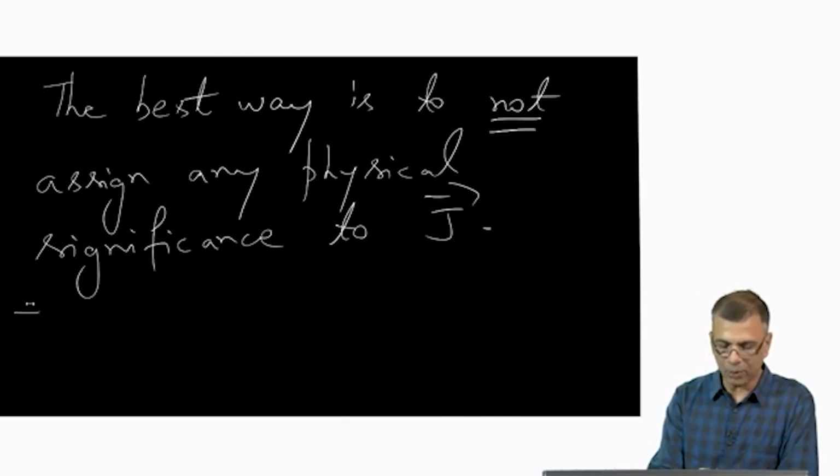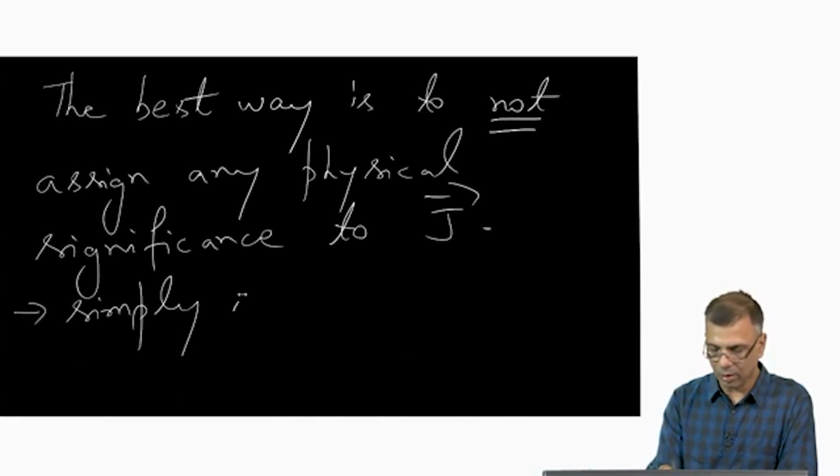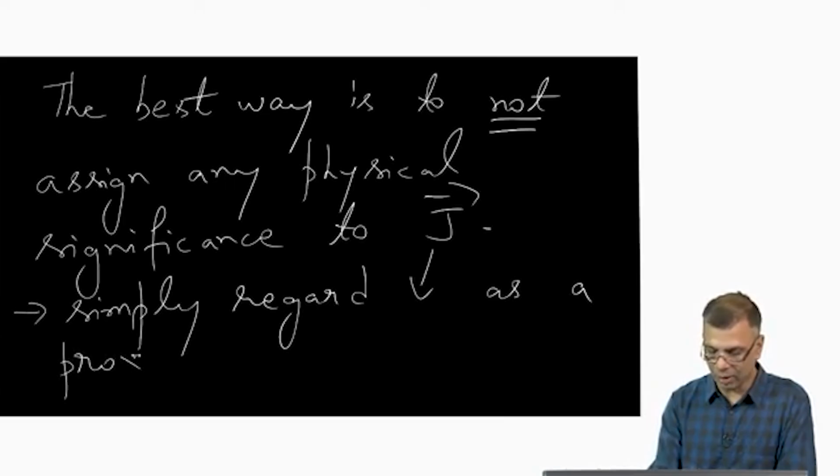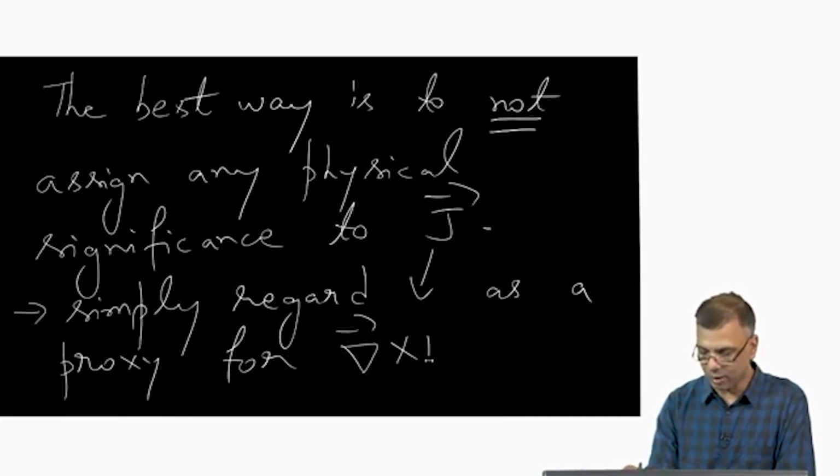Okay. Simply regard the current density as a proxy for the curl of B.